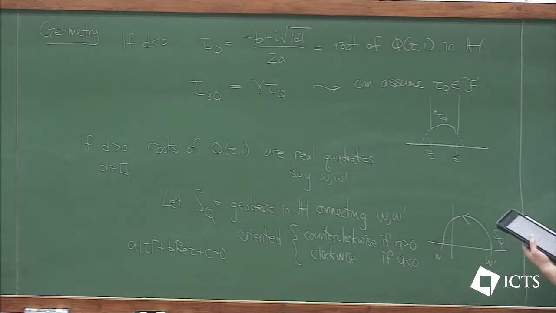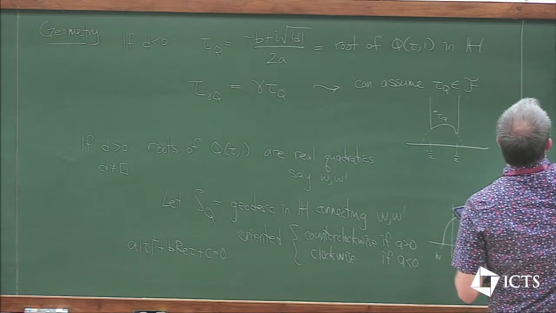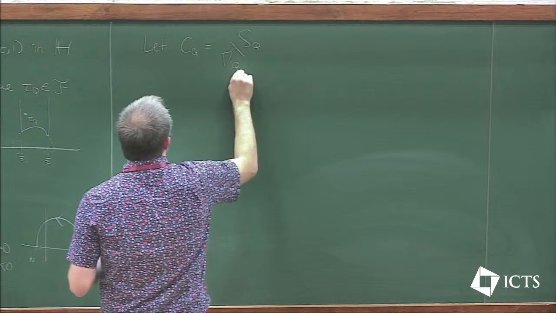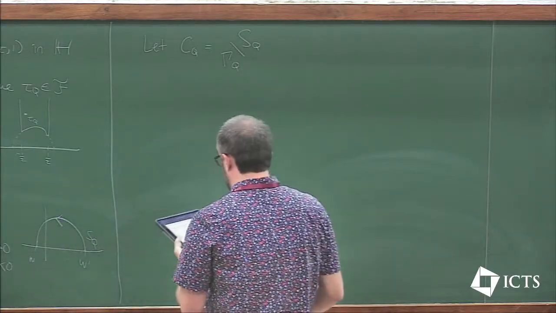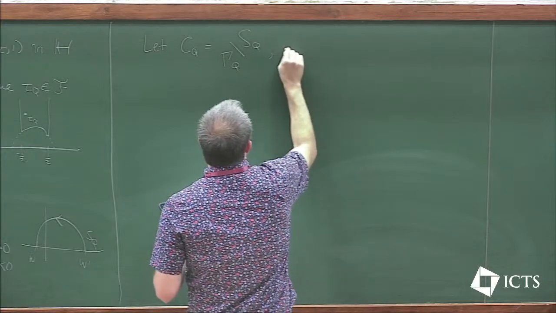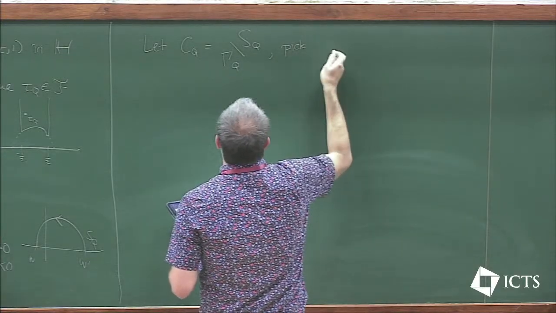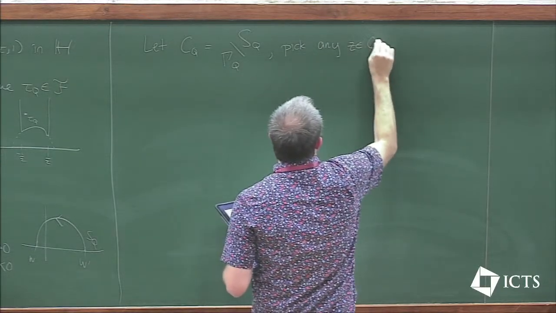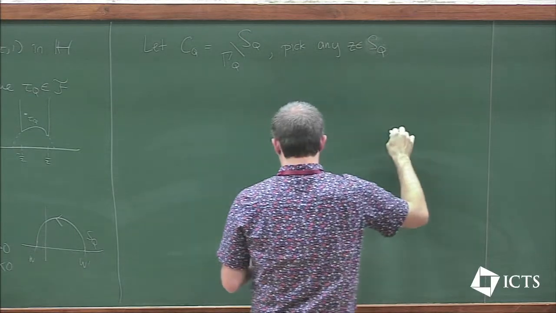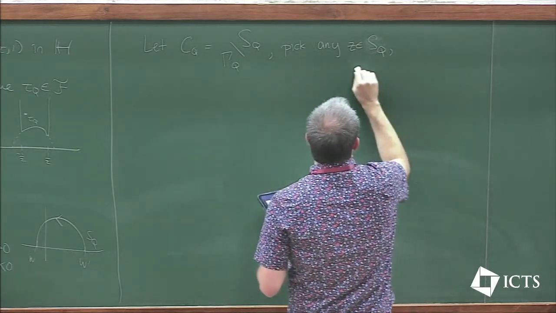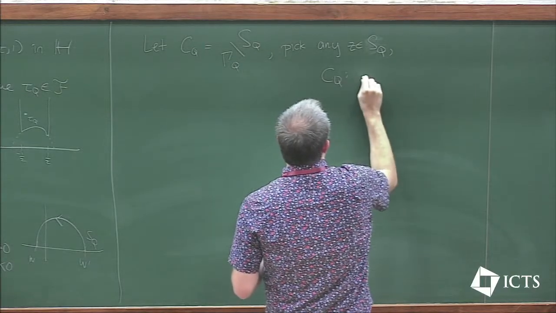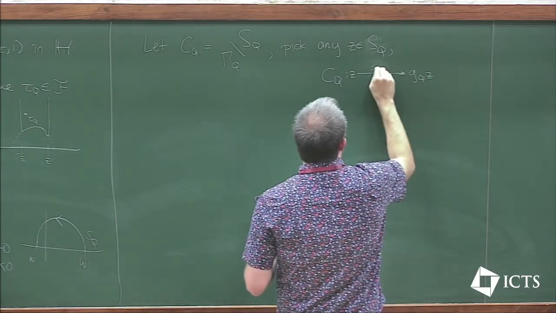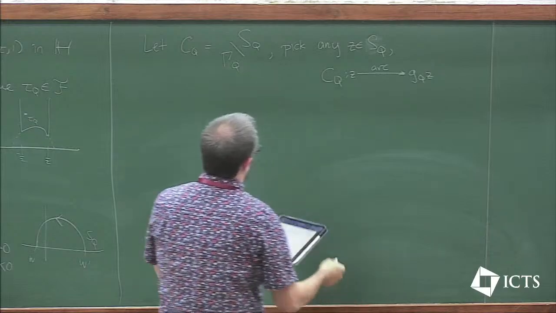We want something finite, so what we're going to do is let CQ be SQ mod gamma Q. So we're going to mod out by the stabilizer of Q, which remember is infinite cyclic, and then we're going to pick, essentially one way to realize this is to pick any Z in SQ, and then CQ will be the arc connecting Z and GQ Z, whichever arc connects those in that orientation.